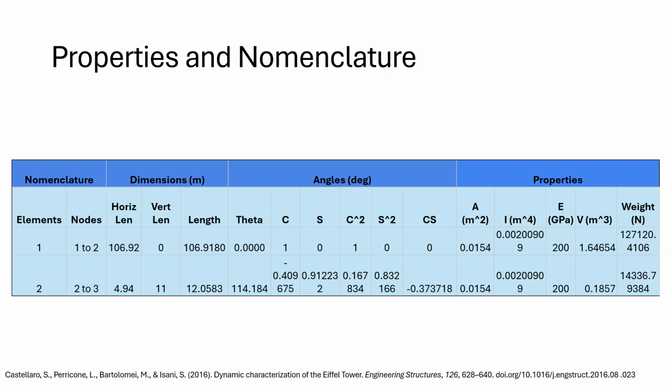Then again, I used research from previous work to identify the area for each element, the area moment of inertia for each element, and the material properties like Young's modulus. I then calculated the volume for each element using the length and the area, and used the density of the material to calculate the weight of each element.